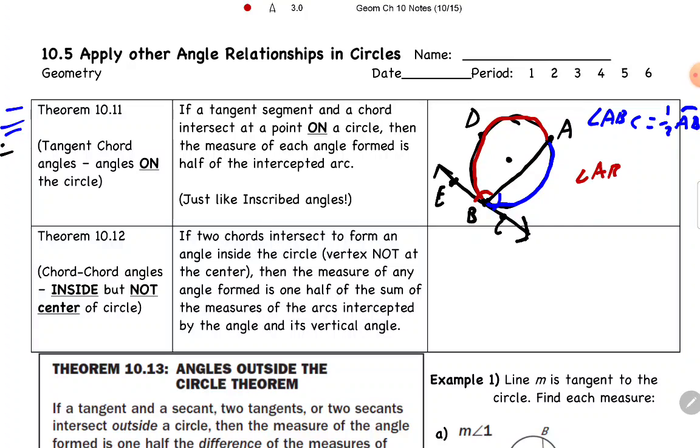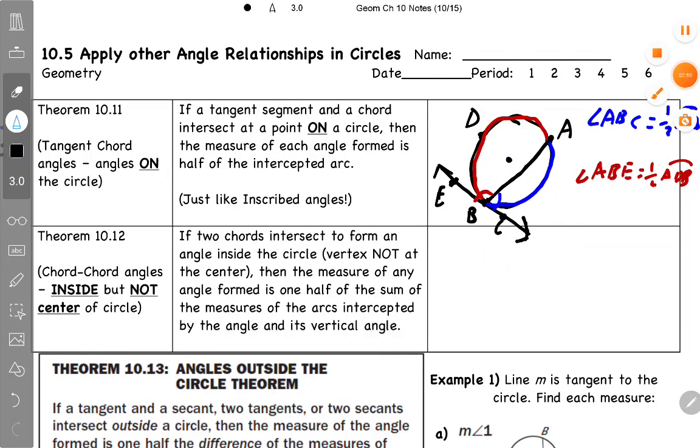Angle ABE is equal to 1/2 of the arc ADB. So the red angle there is half of the measure of the arc ADB.